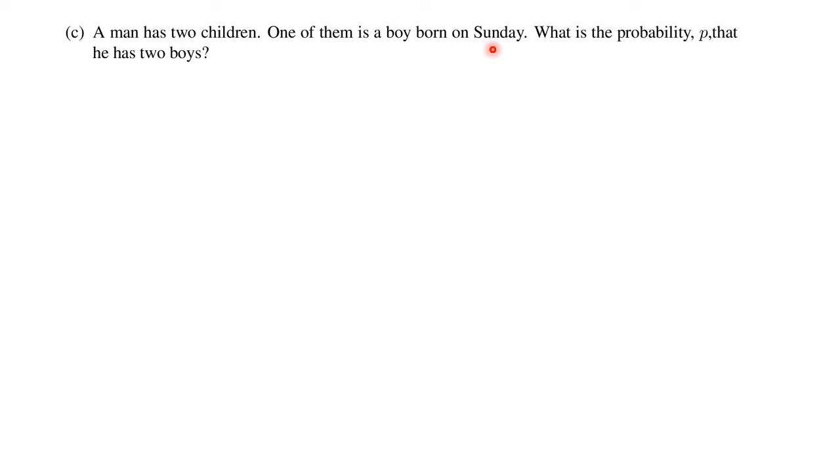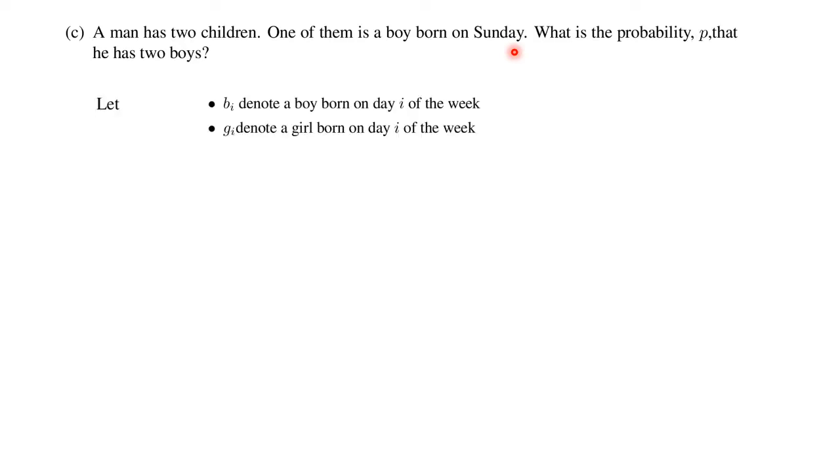Well, it's information coming into the problem. And remember from our previous experience with the problem with the 3 boxes, information changes probability. So now we know not only that one of them is a boy, but he was born on one of the days of the week, Sunday in particular.